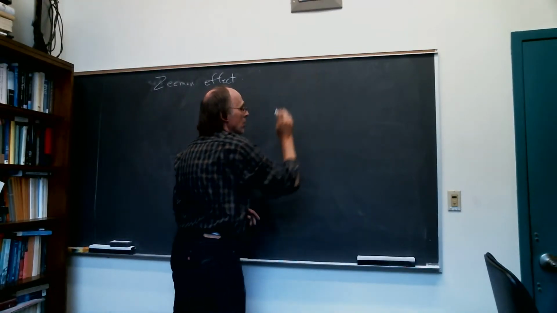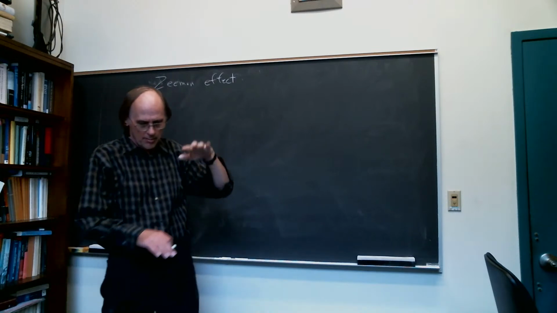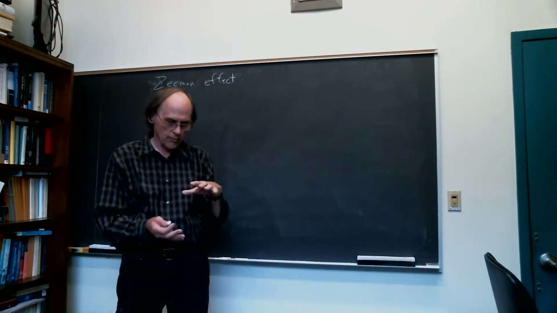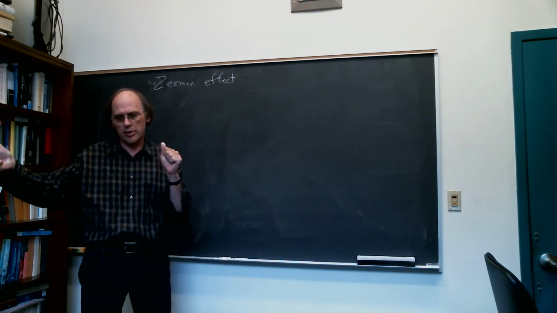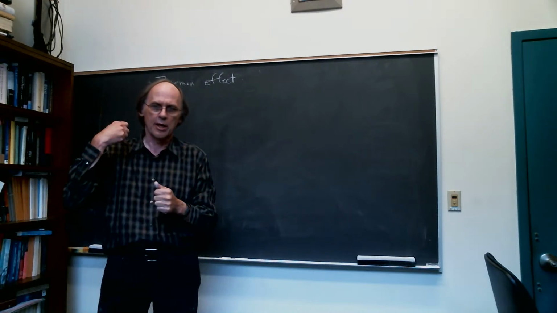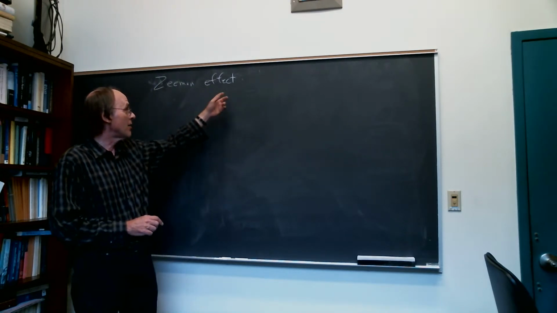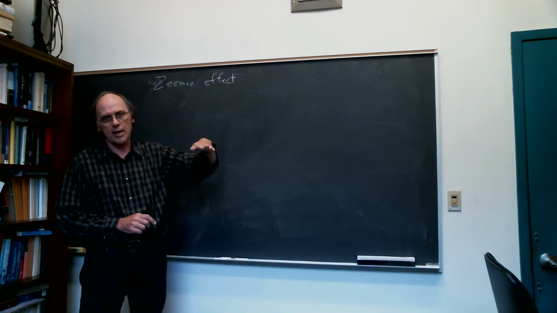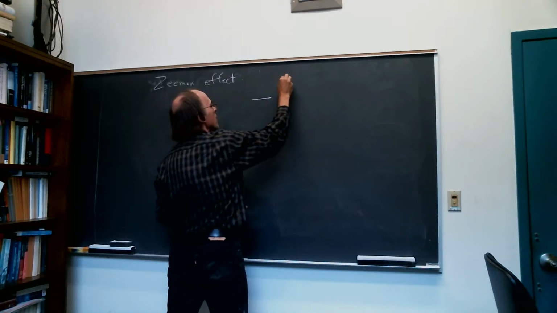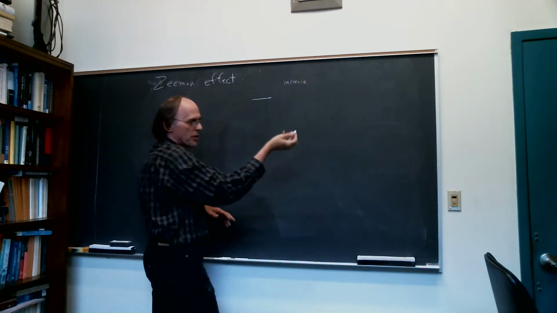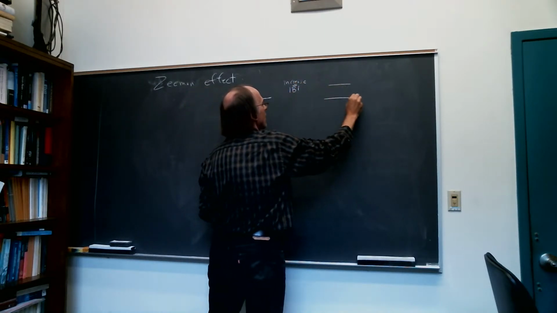Maybe it's good to explain it. What people saw, when they were measuring the energies of atomic states by hitting them with some light and looking at the frequencies of light that get radiated back, so you can measure the energy states of an atom, was that if you put it in a background magnetic field and increase the size of the magnetic field, you would then see a splitting.